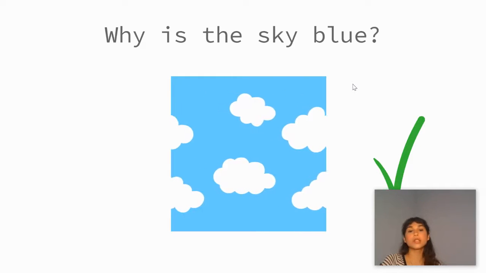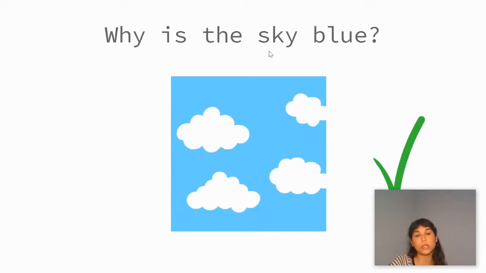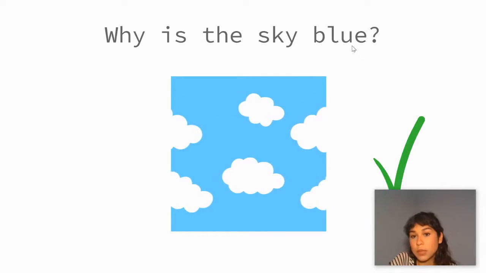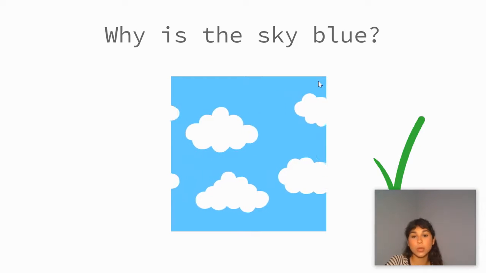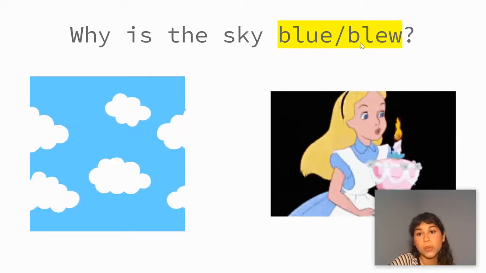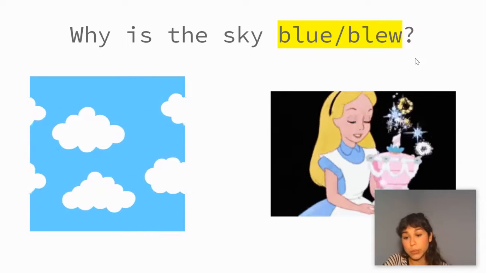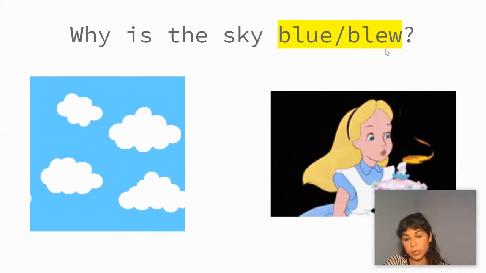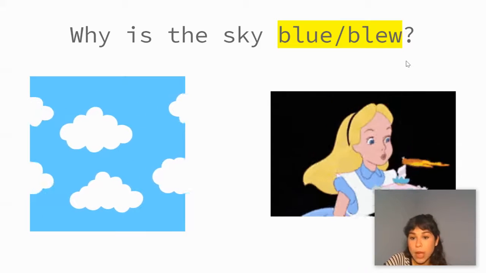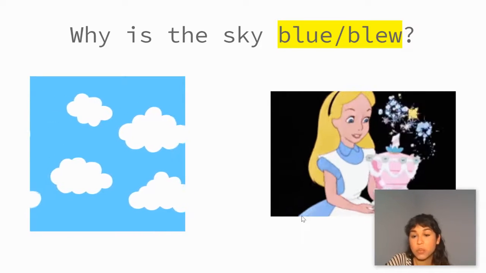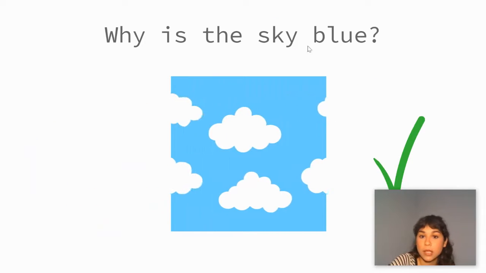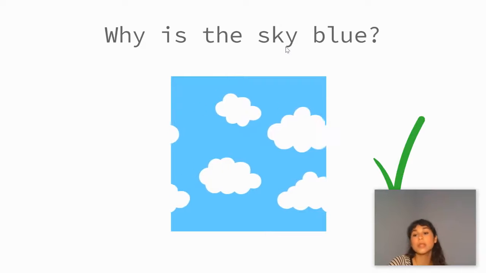Colors are used to describe things. So the sky is being described as blue, B-L-U-E. We know that it's not the other word blew, B-L-E-W, because blew, spelled B-L-E-W, is the past tense of blow. As you can see here in this image, she is blowing out a candle, and we are not talking about that in this sentence. We are talking about the sky.